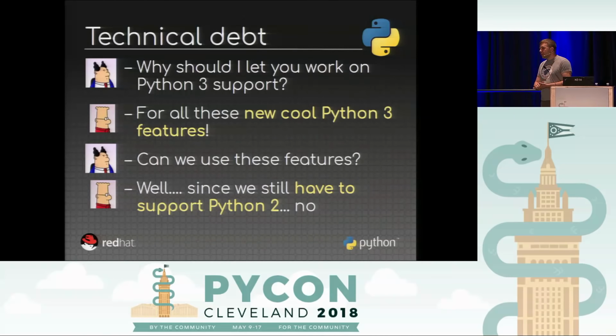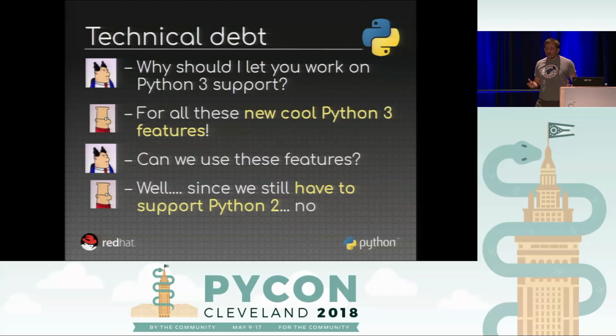Another issue about the migration to Python 3 is something called technical debt. So imagine that you are a developer, you are discussing with your manager, and your manager asks, why should I let you work on Python 3 support? And the developer says, oh, for all these new cool Python 3 features, obviously. Okay, but can we use these features?